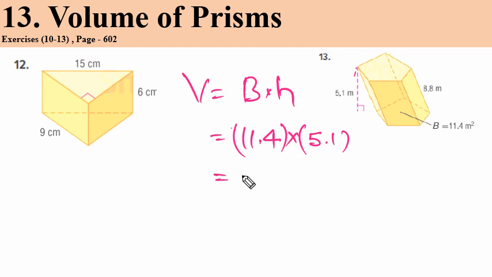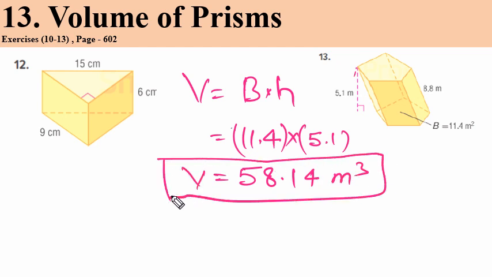So 11.4 multiplied by 5.1 will give us 58.14 meter cube. That will be your volume for this type of tilted prism.